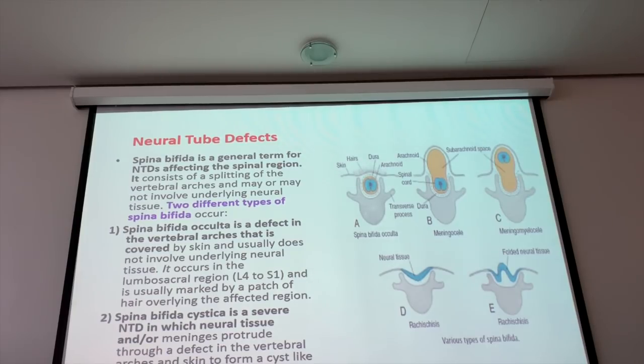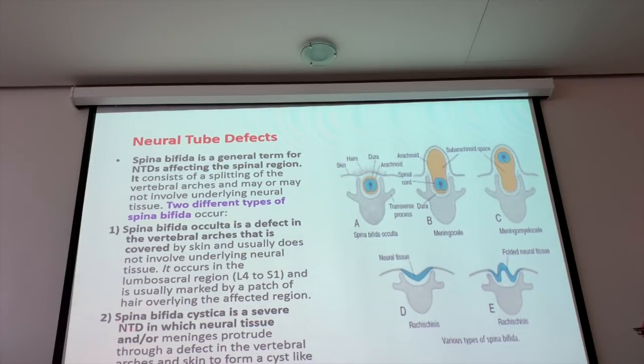The only thing which you will see is a tuft of hair and a dimpling around the lumbosacral region, especially in the S2 region. So if you see a tuft of hair coming out and a depressed portion, it's a spina bifida occulta. There is no meninges, no part of the spinal cord which is bulging out.